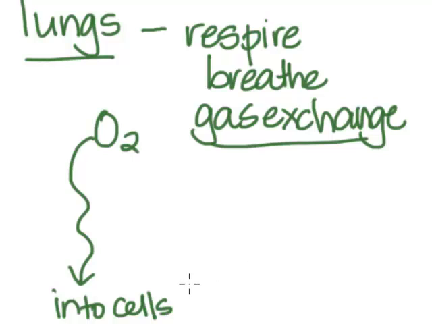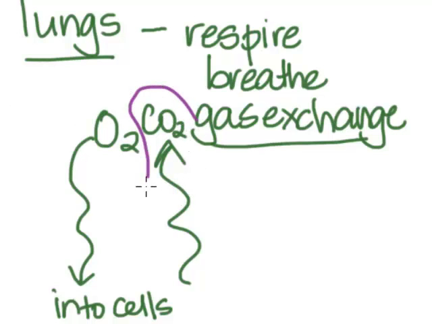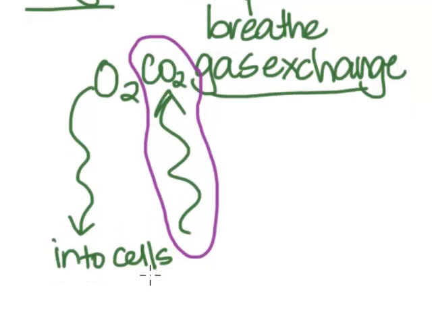But we also know that we had to take carbon dioxide from the cells out of the body, and that is the process of excretion that the lungs do. When cellular respiration takes place, we know in the cells carbon dioxide is produced.